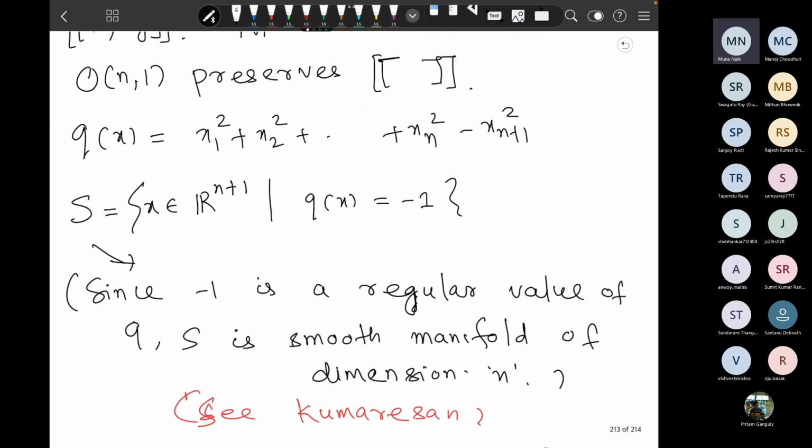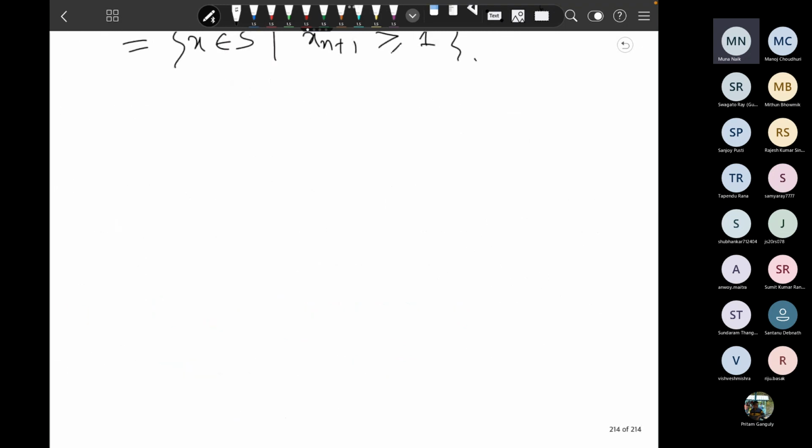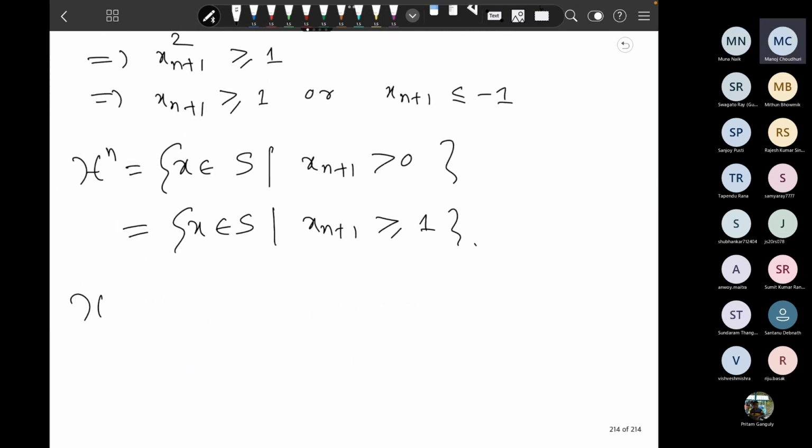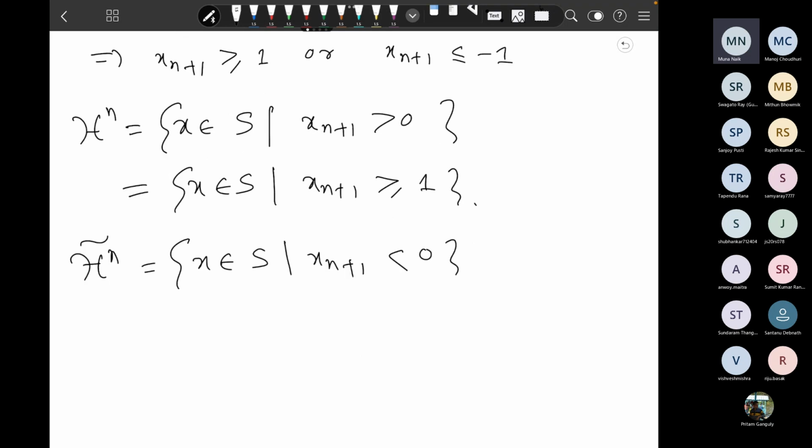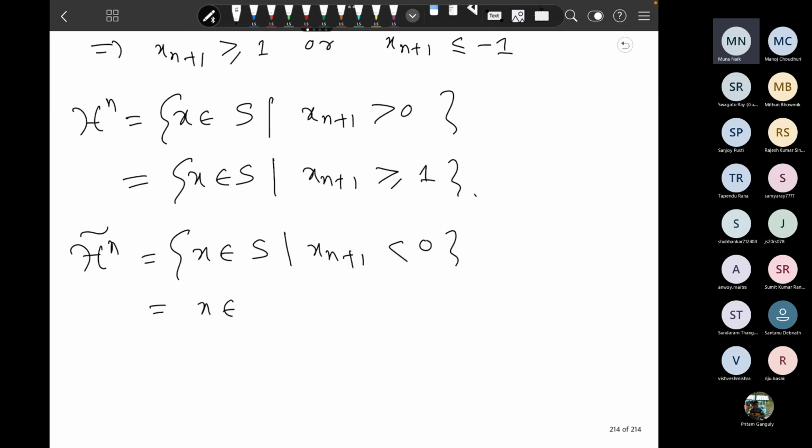S is the set of x in R^{n+1} such that q(x) is equal to -1. I will draw a picture of this S. Similarly, H^n tilde is the set of x belonging to S such that x_{n+1} is less than 0, that is, x_{n+1} is less than or equal to -1.